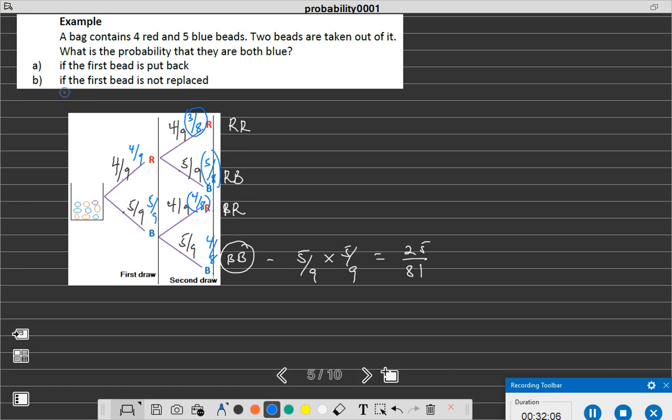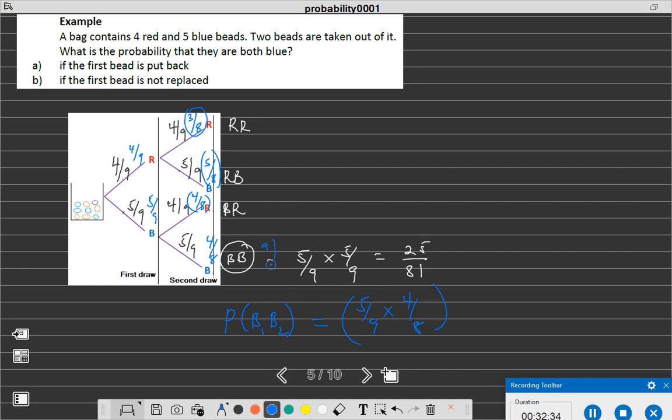The second part says that the first bead is not replaced. So how do we get the probability that both are blue? So we take this path here, meaning that when you have the first one blue and the second one blue, definitely we shall be multiplying 5 out of 9 times 4 out of 8.